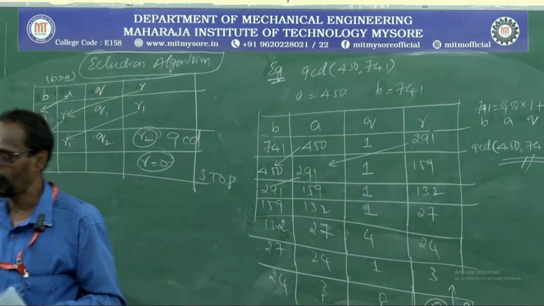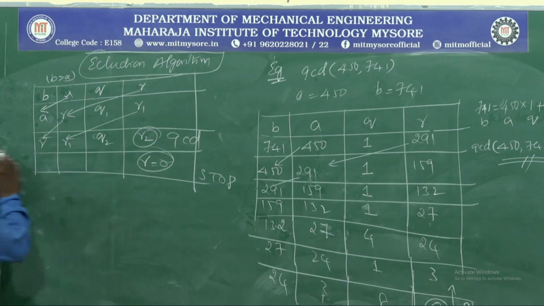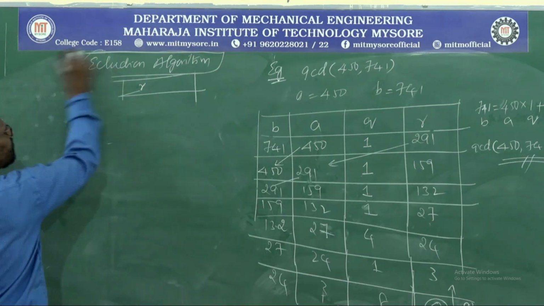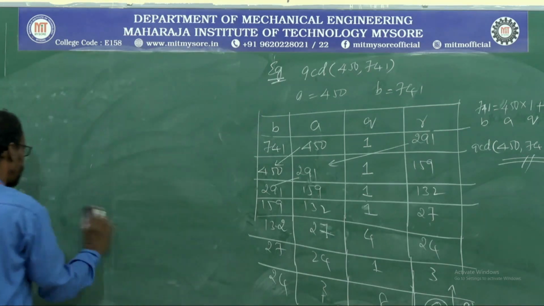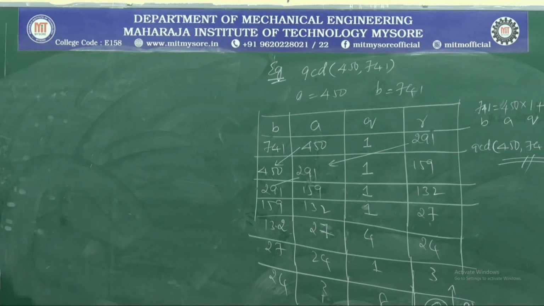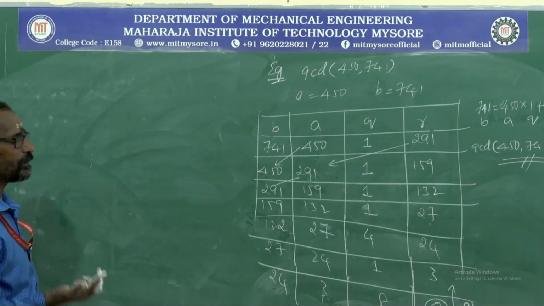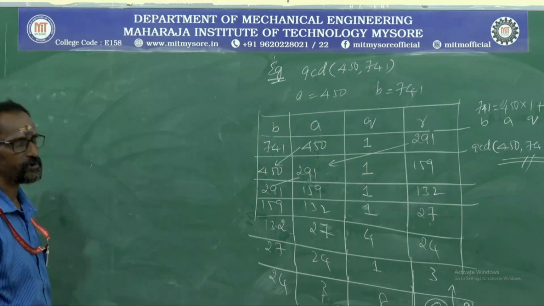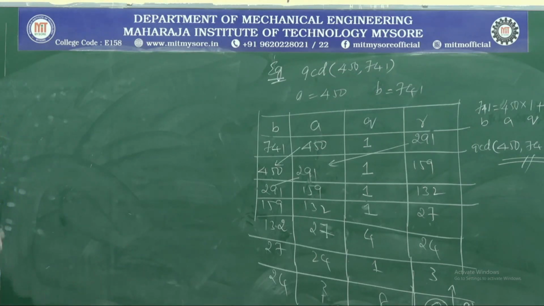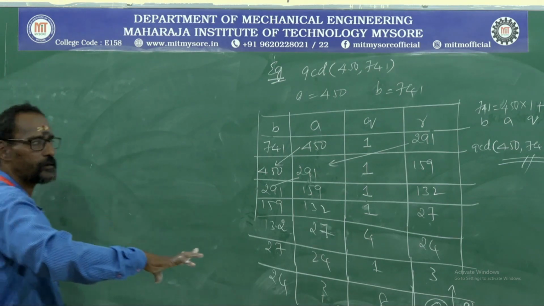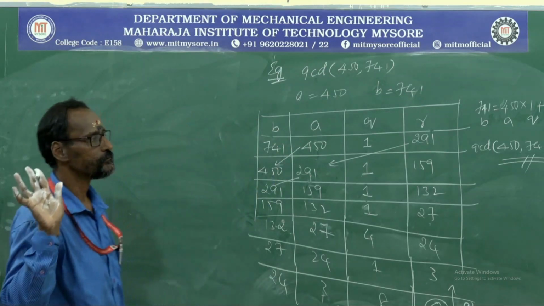I can show you one more example, so be thorough with this, because ultimately number theory, linear Diophantine equations, the Chinese remainder theorem, and RSA cryptography all work on the division algorithm and getting the GCD.